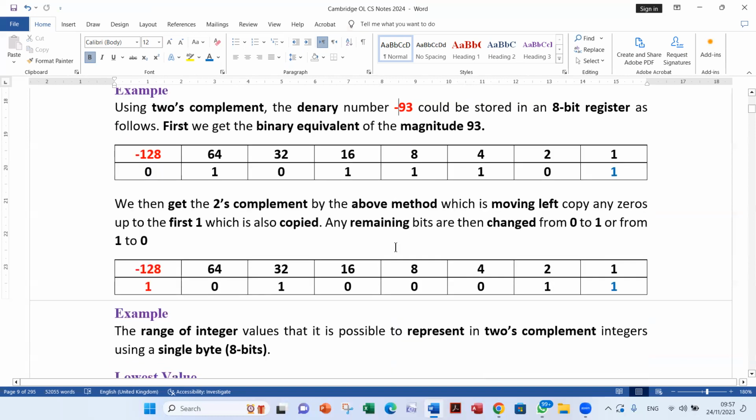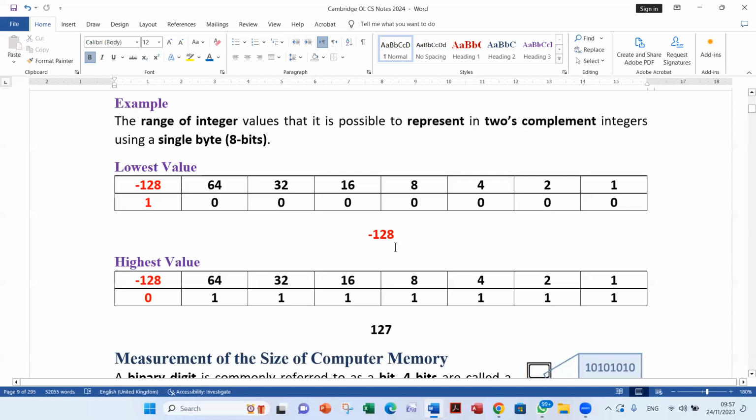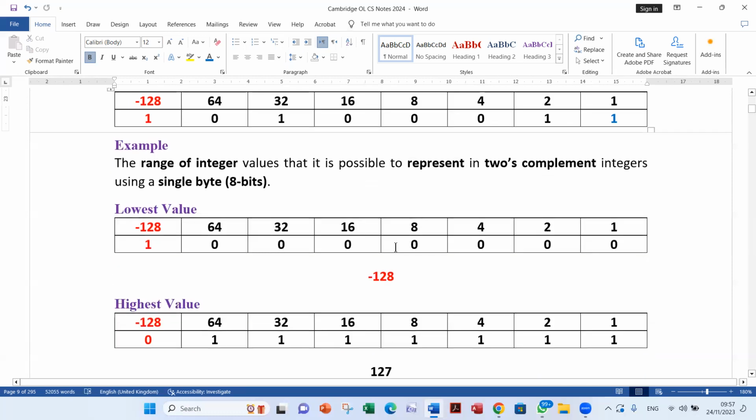Okay, let us move on and give some other examples to clarify more about two's complement. What do you think would be the range of integer values that is possible to represent in two's complement integers using a single byte, that is 8 bits?